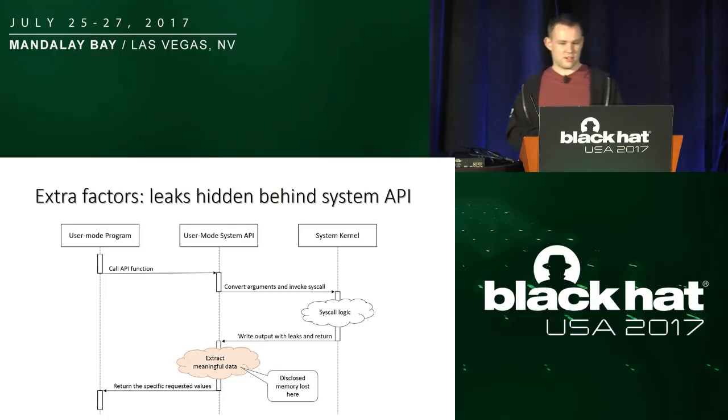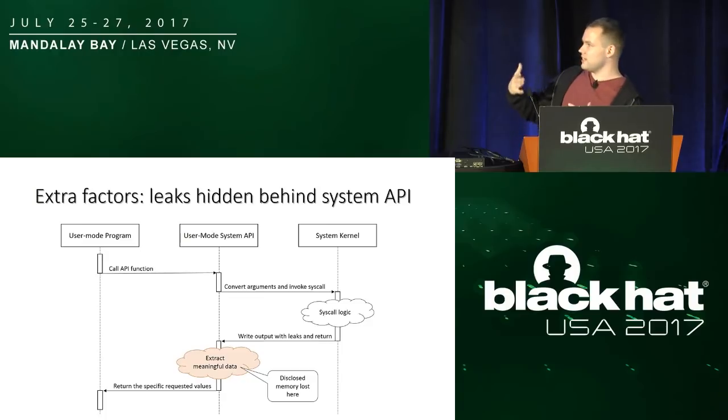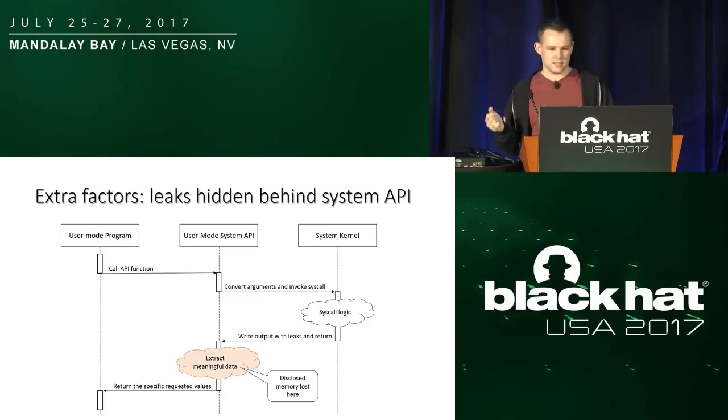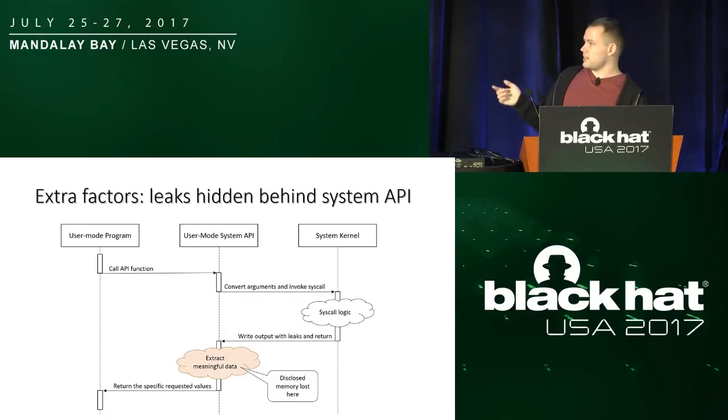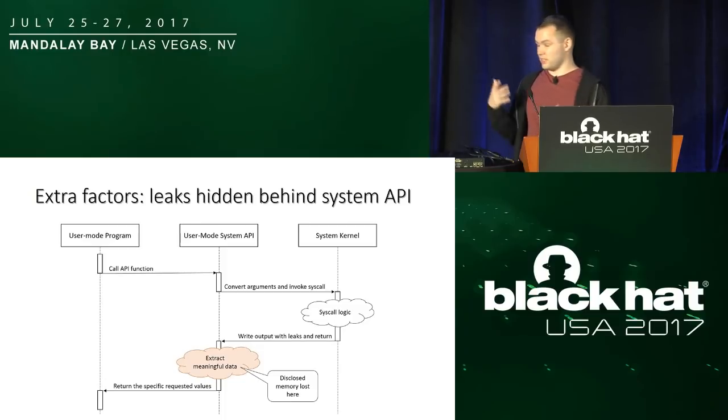Yet another factor is that it might not be very easy to discover that any leaks from kernel mode are actually taking place, because some of them could be hidden behind the user mode system API. So even though data is actually leaked from the system kernel back to user mode, in general, the original caller of the system API might not see this data at all.